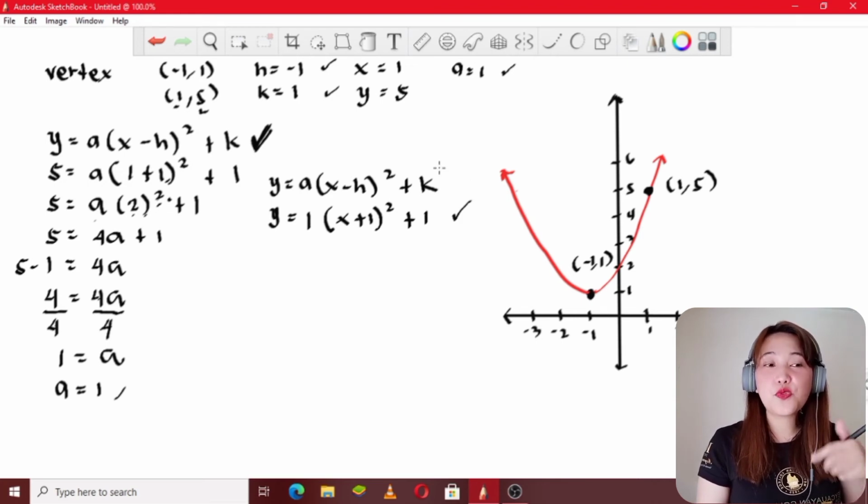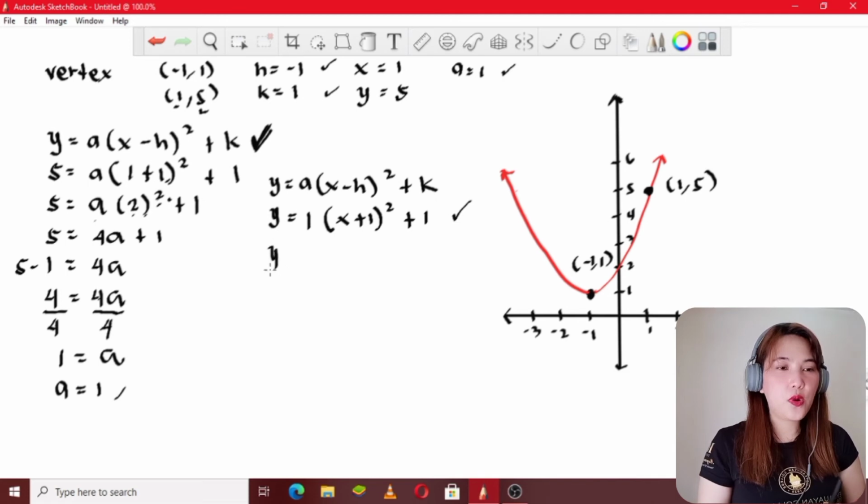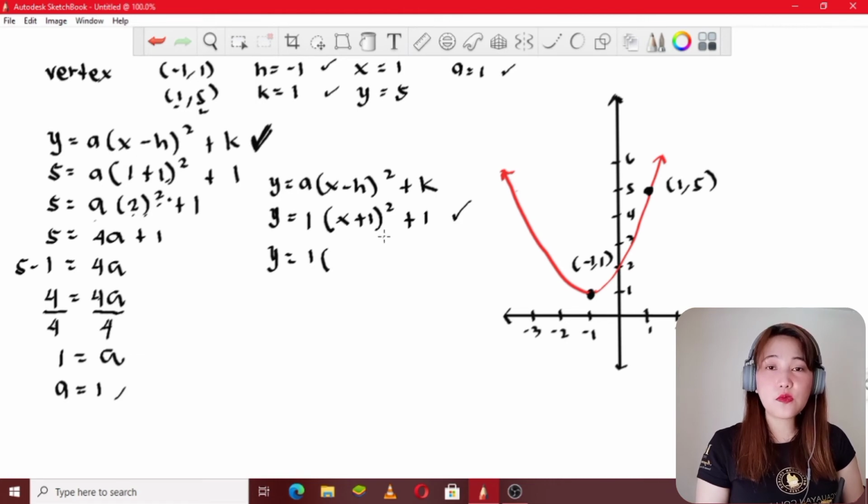And kung gusto natin siyang isulat in its standard form, so let us continue this. So this will be y equals, ayan, 1 times the square of x plus 1. You may solve this in long method. You have to multiply x plus 1 by itself twice, or special product. So, yun ang gagawin natin.